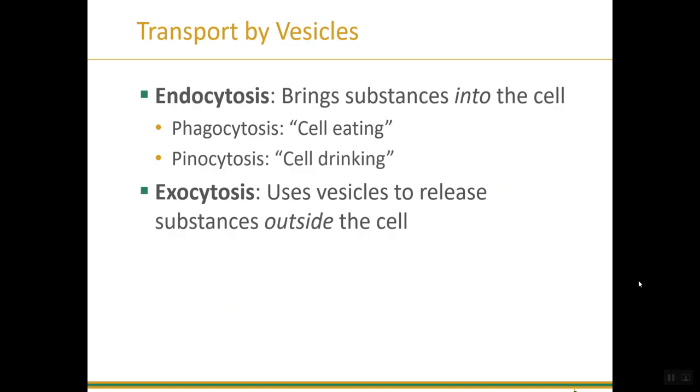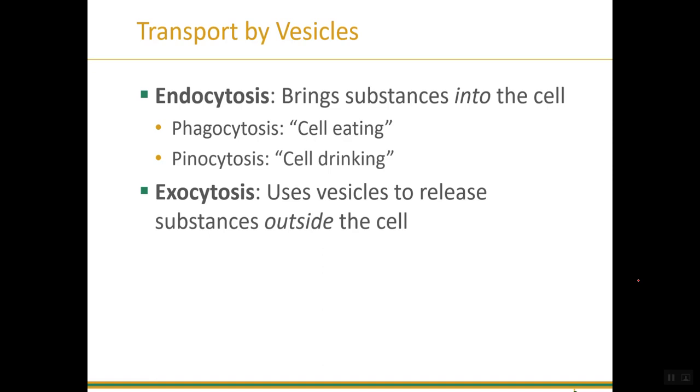Okay, then you have transport into and out of the cell by vesicles. So that's on page 46. You have endocytosis and exocytosis. Endocytosis is the form of vesicular transport that brings substances into the cell.